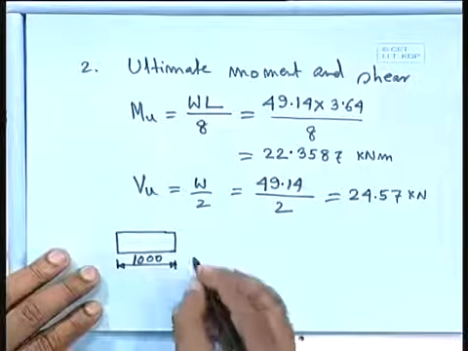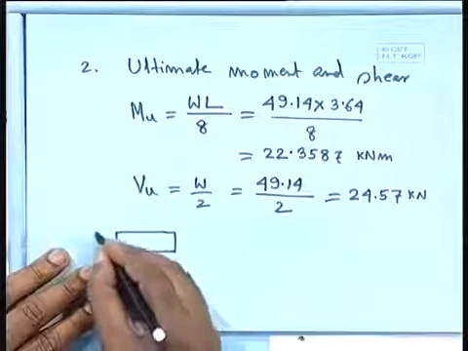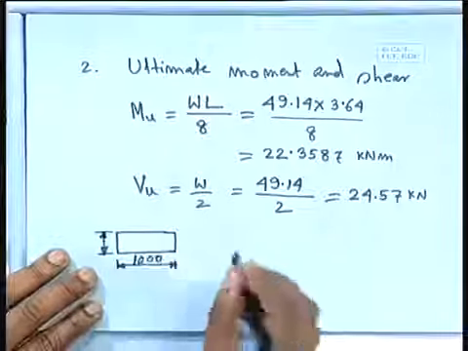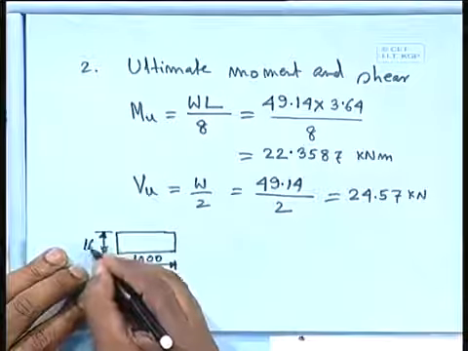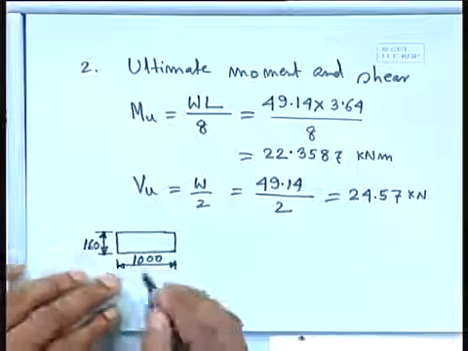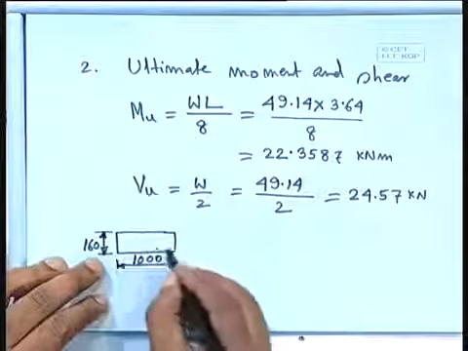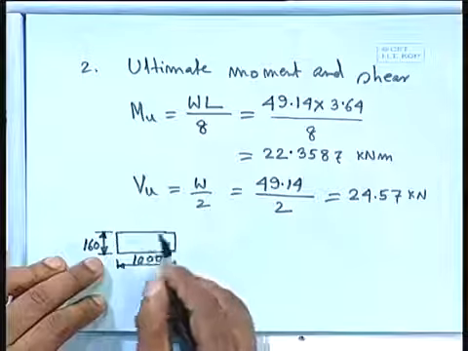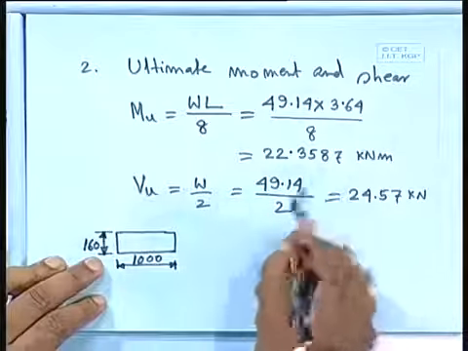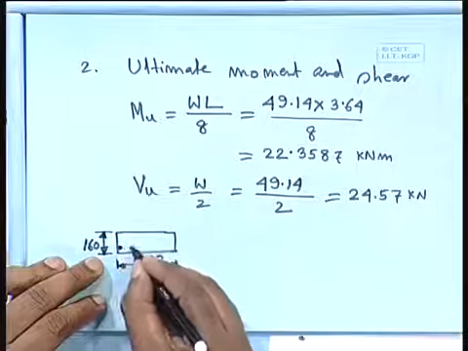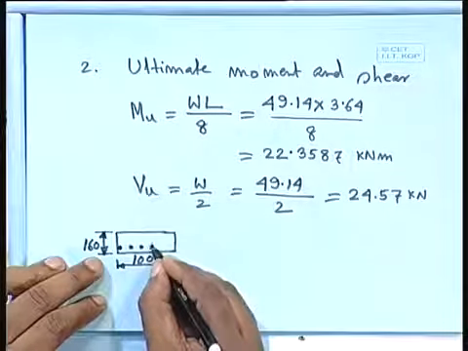The overall depth we have already computed as 160, a little bit on the higher side, so we have to check taking 160 whether it is sufficient, whether it can resist this moment, and we have to provide the reinforcement.